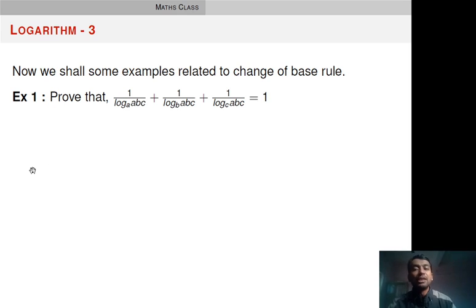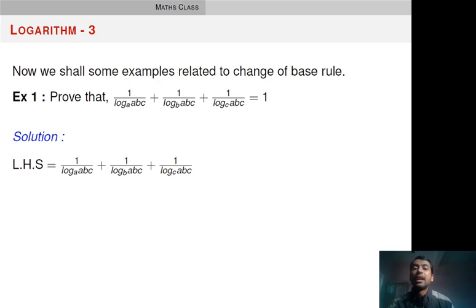Since the example says prove that, we'll start with the left hand side and approach towards the right hand side. This is the left hand side given to us, and we'll apply the change of base formula where the log function is given. The log function is in the denominator, so the formula will be applied in the denominator only. The numerator will be as it is.